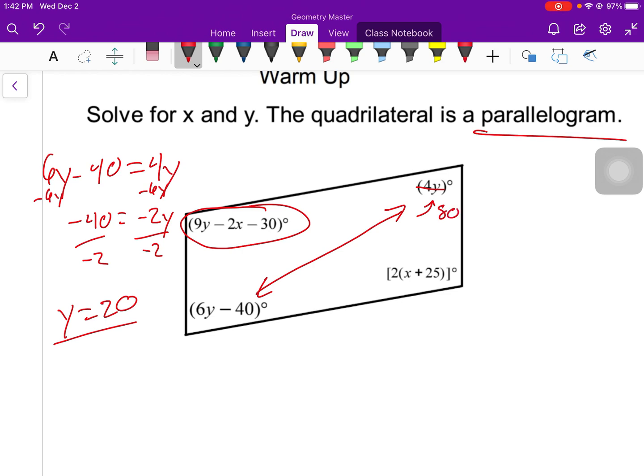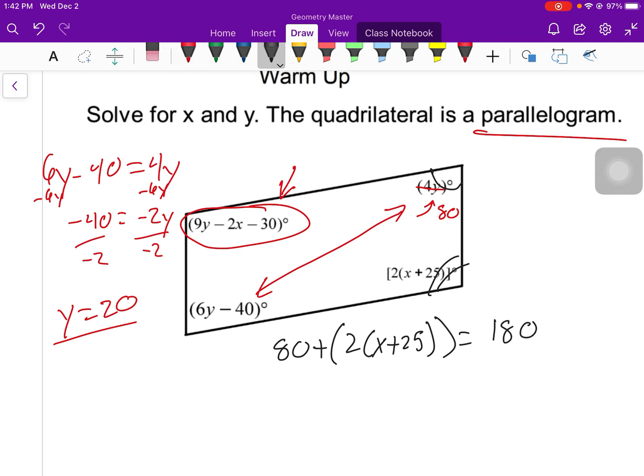So 4 times 20 is 80. Now you can use this with any of these ones. Again, I'm going to try to avoid that if I can. I'm going to use the fact that this angle and this angle are going to be supplementary because they're same side consecutive interior ones. So I have 80 plus 2 times (x plus 25) equals 180.